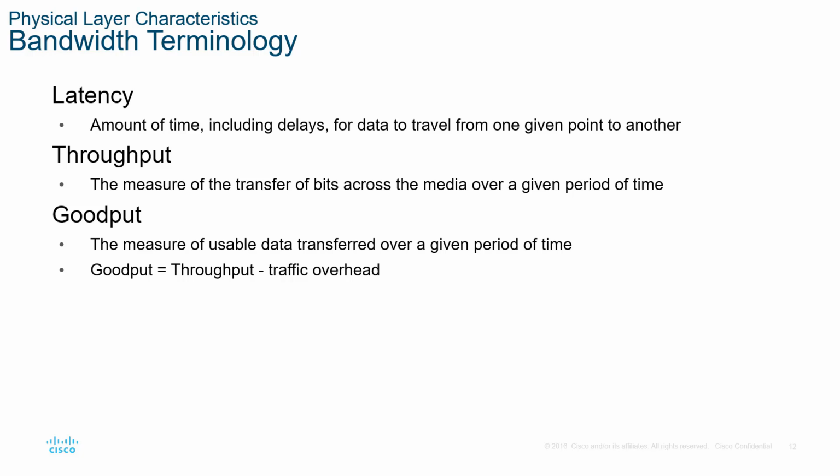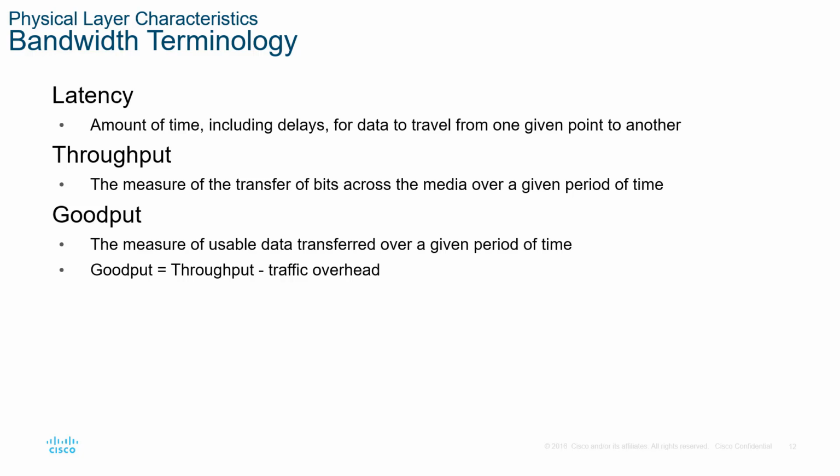And goodput is the measurement of usable data. So basically goodput is throughput minus the overhead. Overhead are going to be things like the frame headers, the packet headers, resending, if we're having to do acknowledgments, all of that is traffic overhead. That's not part of the data. Throughput is the actual transfer of data.